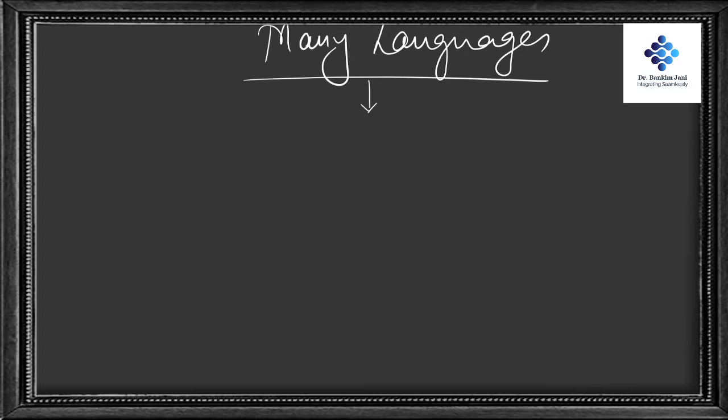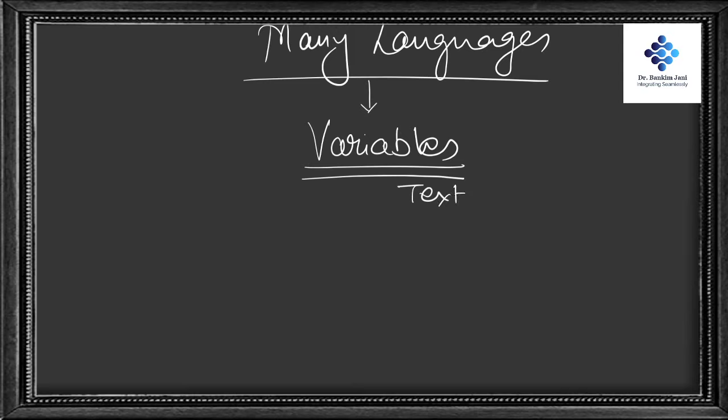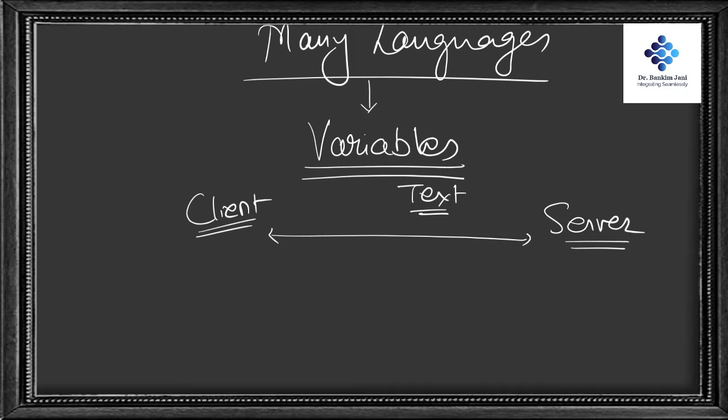Any language we pick up, we are dealing with variables, and these variables are written in the form of text, and that is what would be flowing between a server and a client. Server is someone who is serving, who is giving, and client is someone who is receiving.